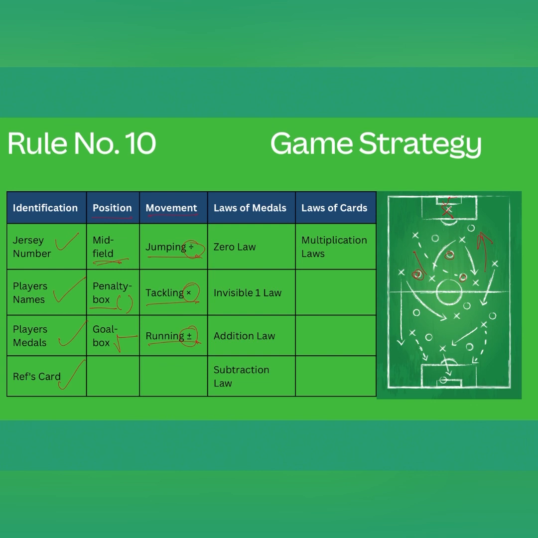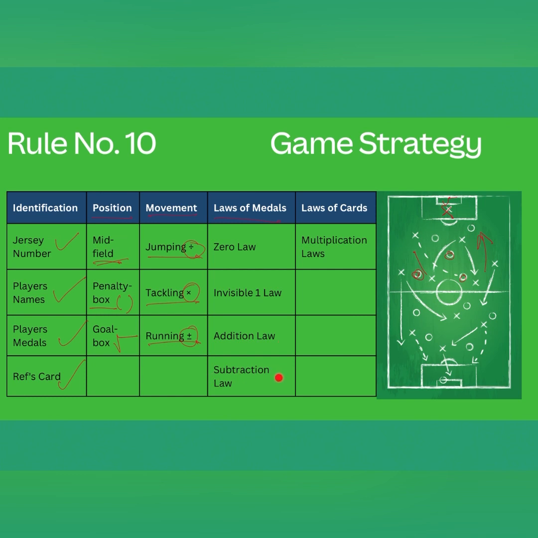Then we look at the laws of the medals. Once you've identified the players' medals, then we need to know, okay, since I have medals, what happens now? What are the laws that I have to follow? Is it the 0 law? Is it the invisible 1 law? Is it the addition law, or the subtraction law? So remember, with the addition law, these are tackling players.